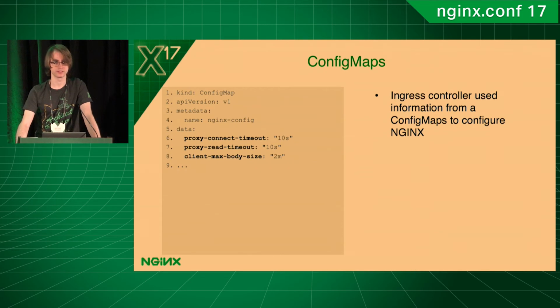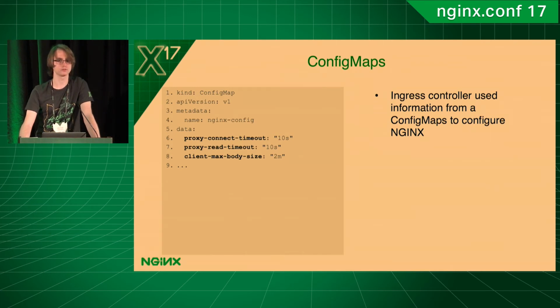Another thing with NGINX is how to fine-tune its behavior. For example, sometimes it is necessary to change the connection timeouts used by NGINX for establishing connections to the backends. And there are other parts of NGINX configuration that sometimes need to be changed.